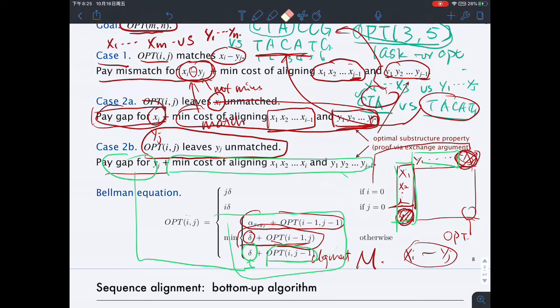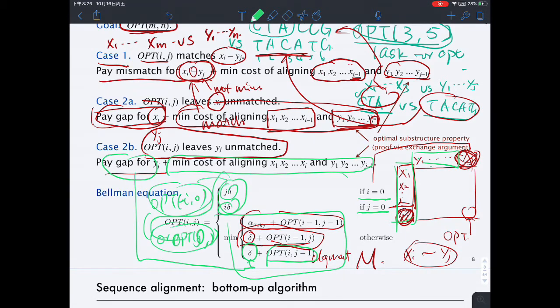So this is the recursion. In case one of them is 0, like when solving opt(i, 0) or opt(0, j), we only have the gap cost. These are the base cases, either i equal to 0 or j equal to 0; they only have gap cost.